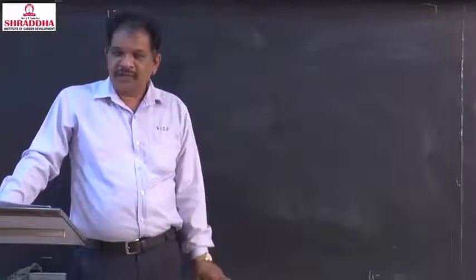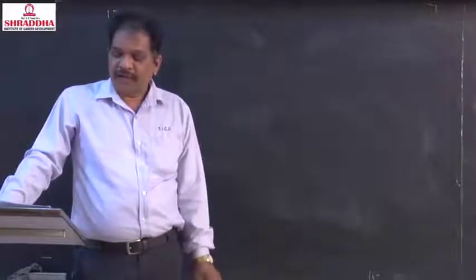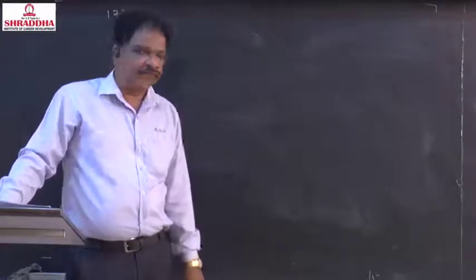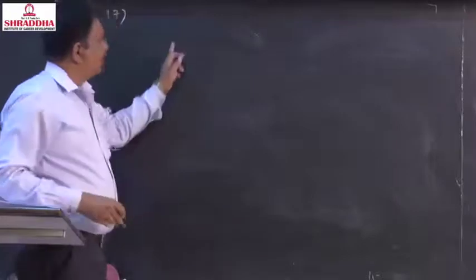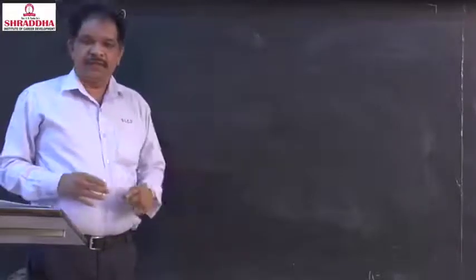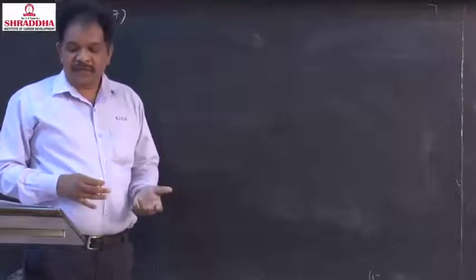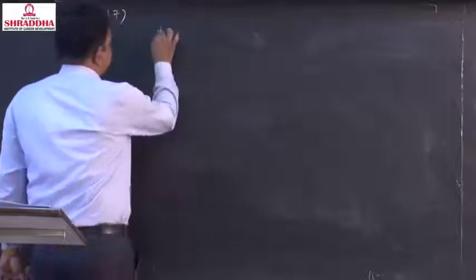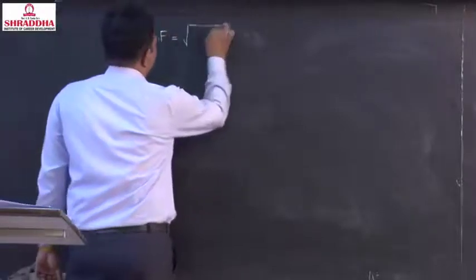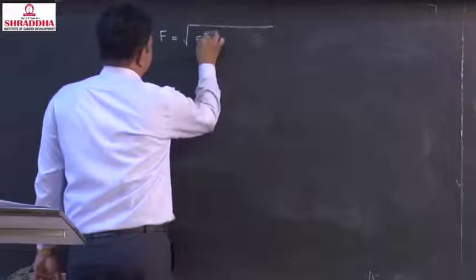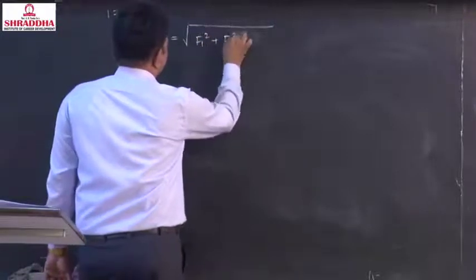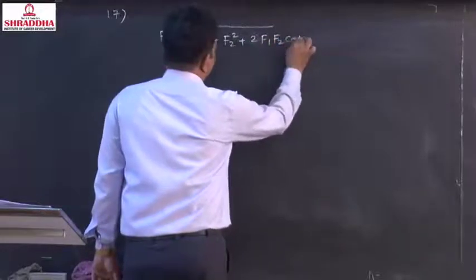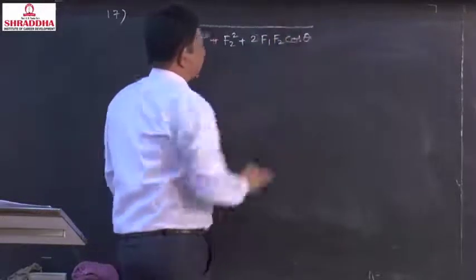Once again see what they are asking. Two forces F1 and F2 are acting at a point whose resultant is F. So F1, F2 resultant is how much? F. So what we can write using that, F is equal to the square root of F1 square plus F2 square plus 2 F1 F2 cos theta.